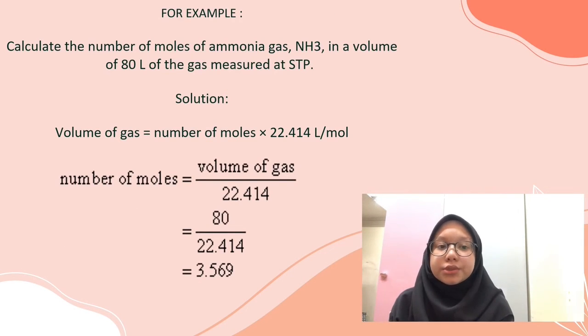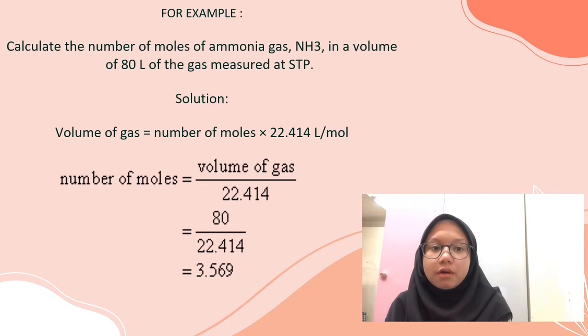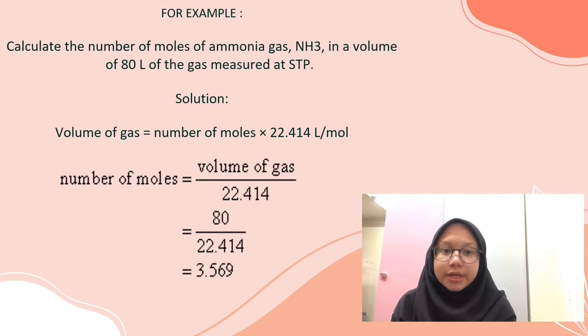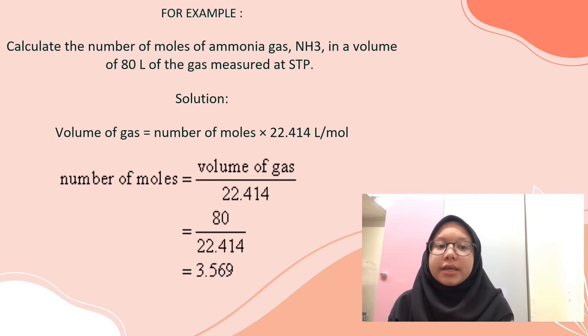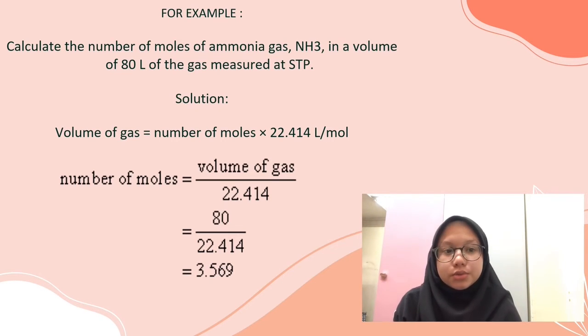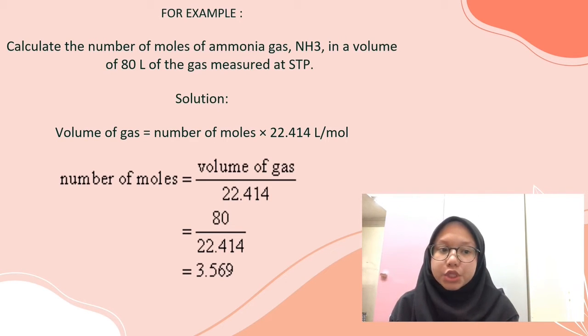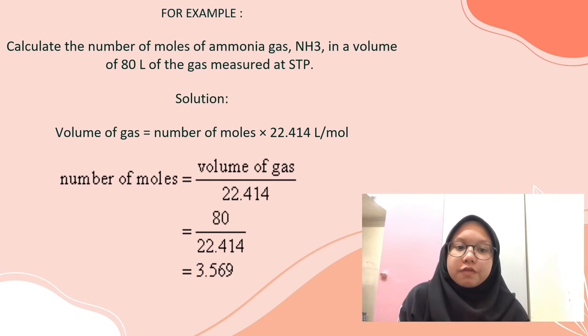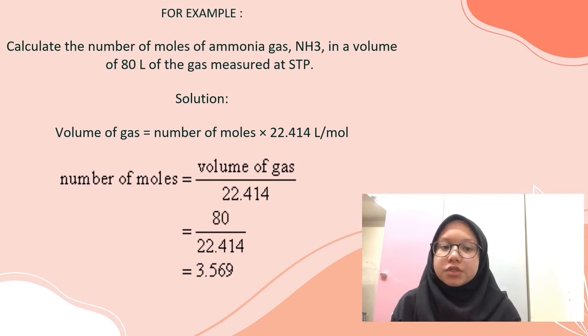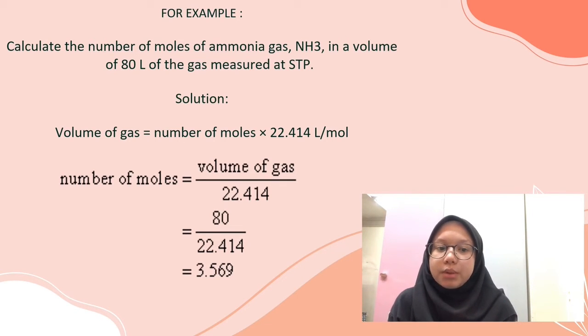The next example is to calculate the number of moles of ammonia gas, NH3, in a volume of 80 L of gas measured at STP. The solution is we use the same formula: the volume of gas equals the number of moles multiplied by 22.4 liters per mole.